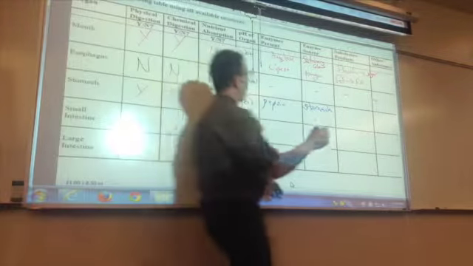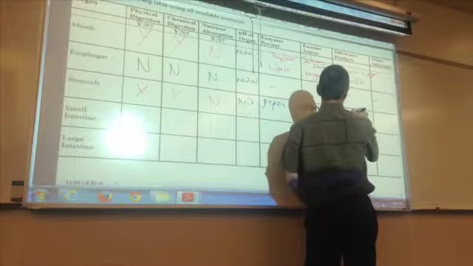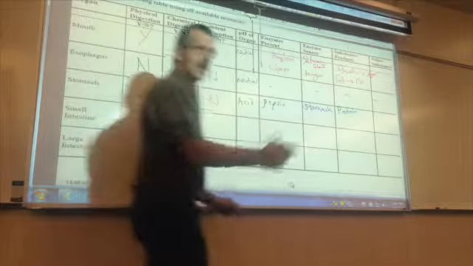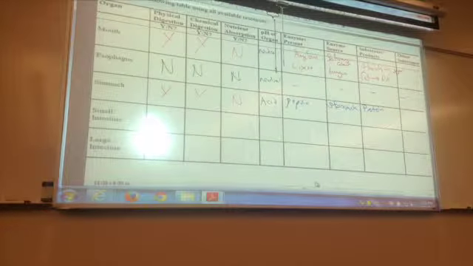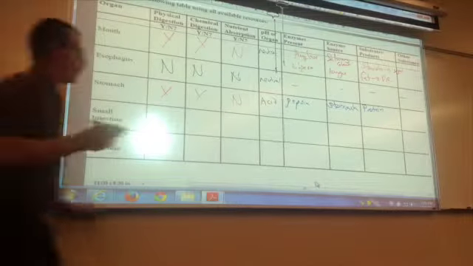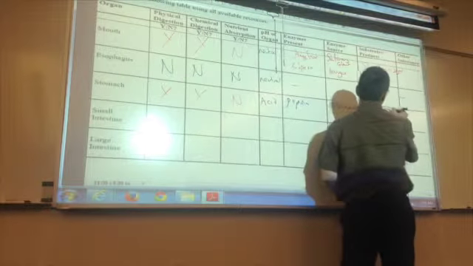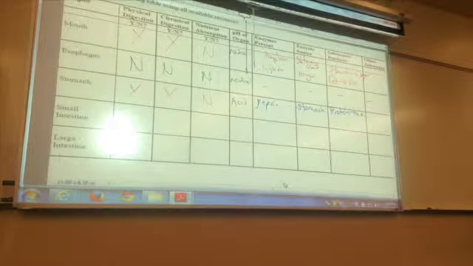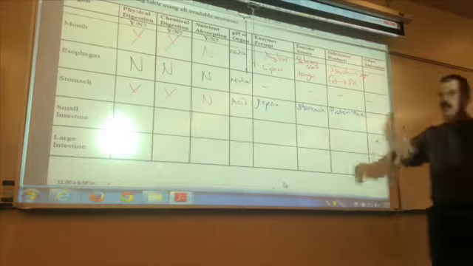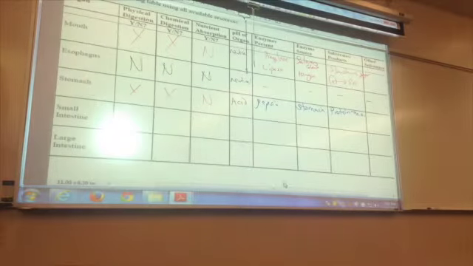So pepsin digests protein as a substrate. From Biology 112, what are the monomers of proteins? Amino acids. You can say oligopeptides, that's fine. We can go AAs. So it breaks down proteins into amino acids. You okay with that?